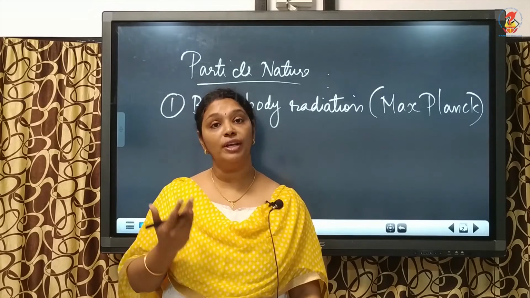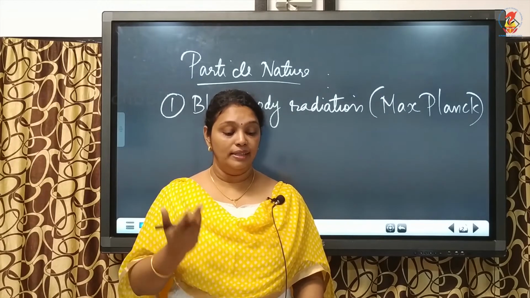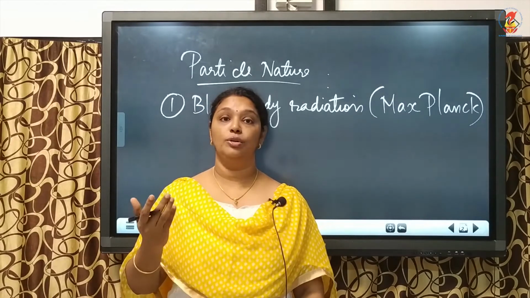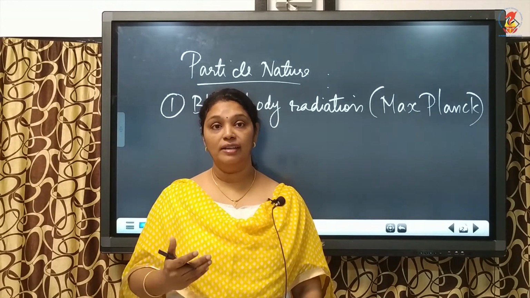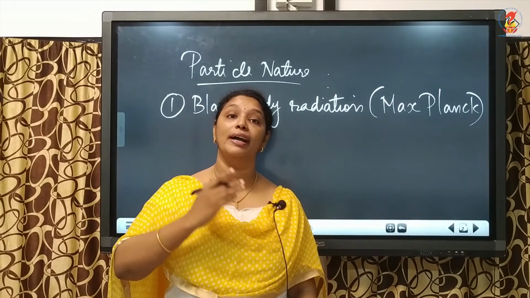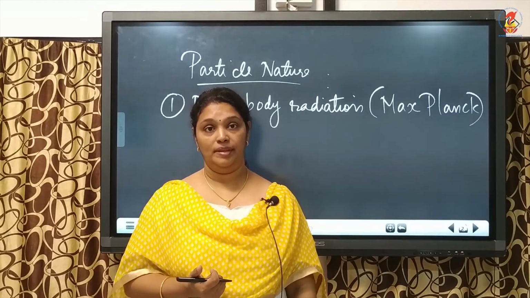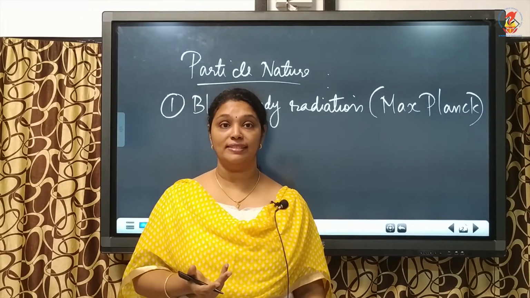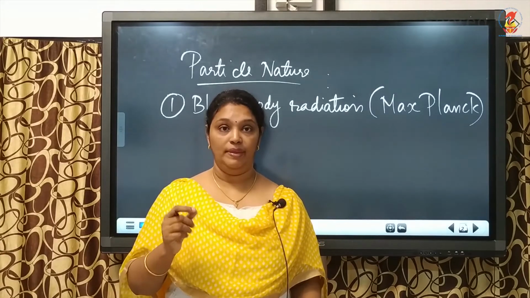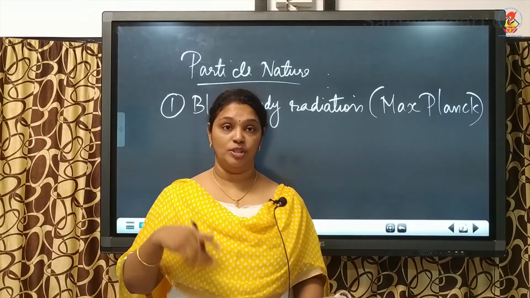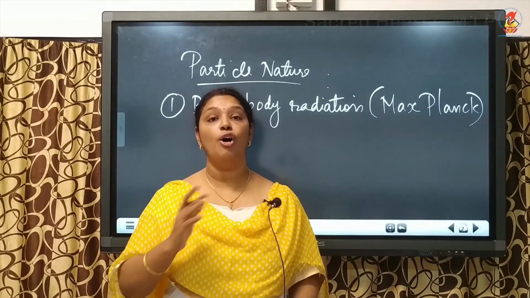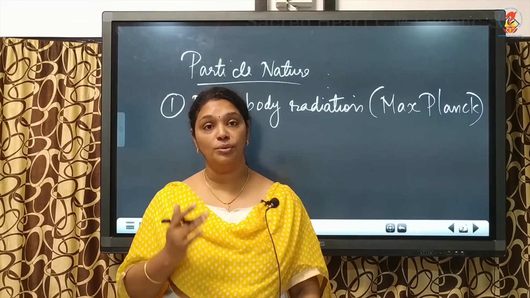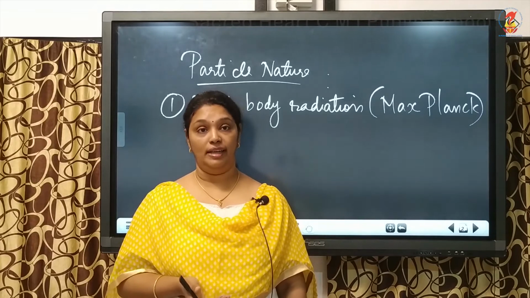And in terms of frequency, we can say that the radiation emitted goes from a lower frequency to higher frequency. And we can define a black body as an ideal body which emits and absorbs radiations of all frequencies, and this is known as black body radiation.